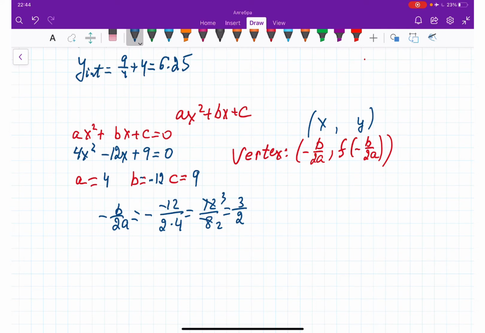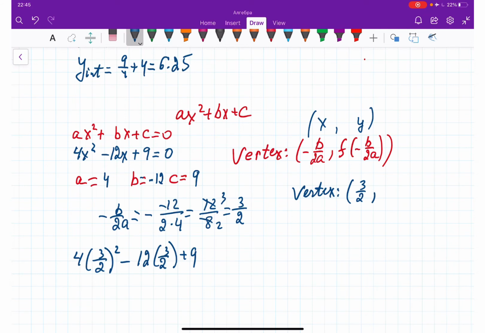Okay, so if I write down the vertex, first is going to be 3 over 2, the position of x. Now to find the position of y, I'm going to plug in this 3 over 2, x equals 3 over 2, into the equation: 4 times 3 over 2 squared, minus 12 times 3 over 2, and plus 9.